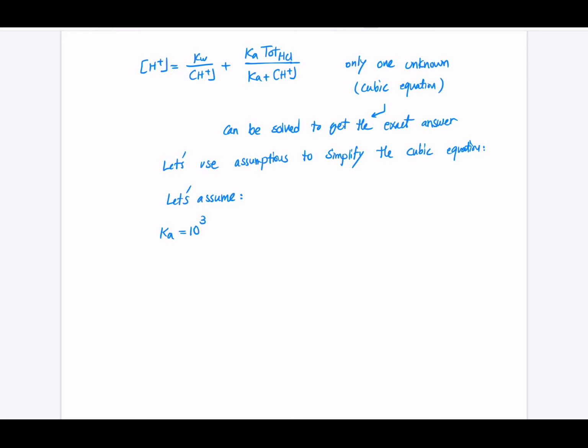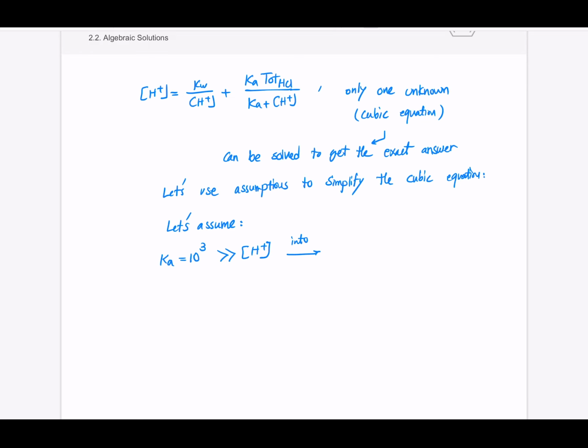Can we assume Ka is way bigger than the concentration of proton? Because Ka is 1000, and the concentration of proton coming from 10 to the minus 3 HCl is only 10 to the minus 3 mole. So let's assume Ka is way bigger than H plus concentration. So what happens to the equation? Let's call this star.